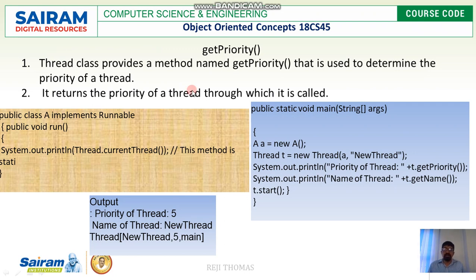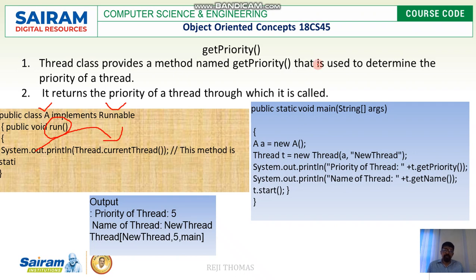Let us see a small program which is going to set or get the priorities. We have a class called A which implements the interface Runnable, where we have a run method, which is going to give you the current thread.